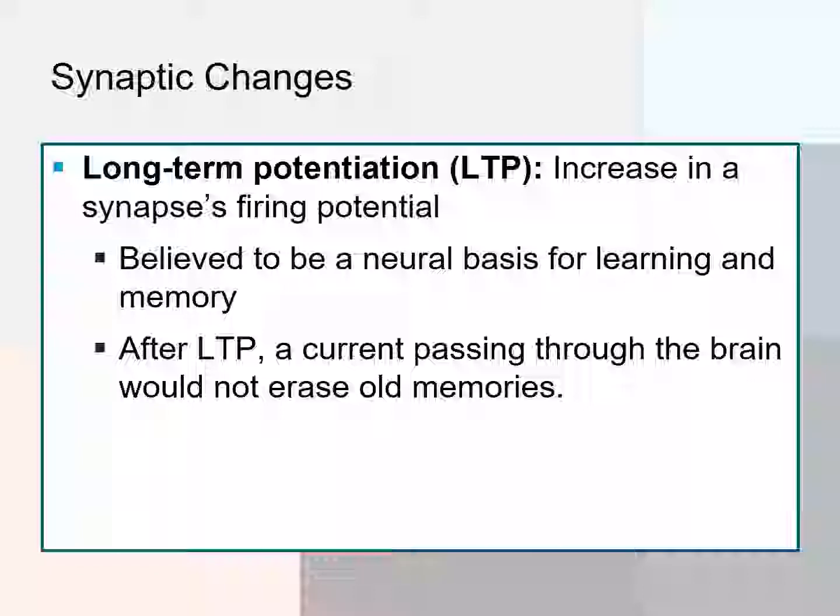It's like solidifying or codifying the memory, if you will. It's not like your neurons become stiff, it's just that it's so strongly established in memory once long-term potentiation has happened that even passing current through the brain doesn't impact those memories.